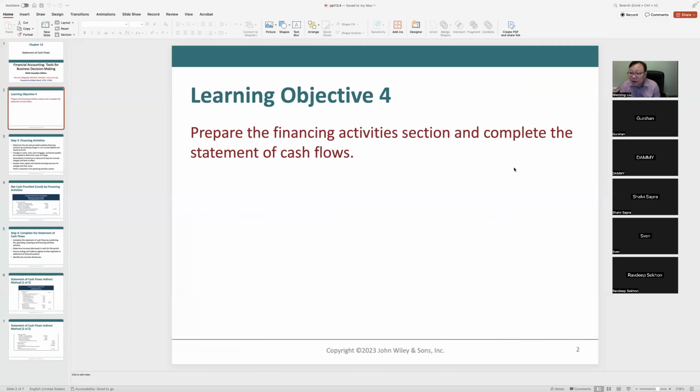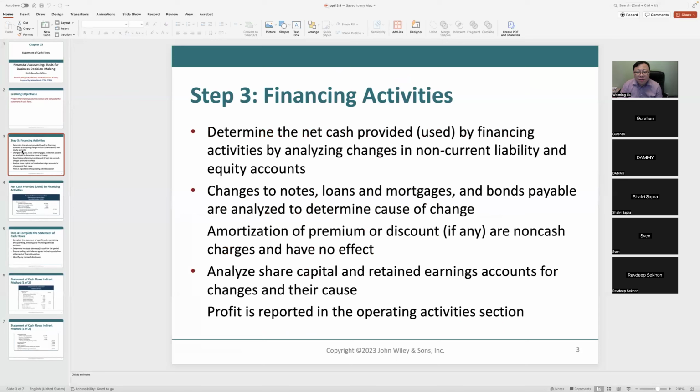Okay, so this is the section where we are preparing the financing activity section of the cash flow statement. So for financing activities, we analyze the changes in non-current liabilities, so long-term liabilities, and equity accounts.